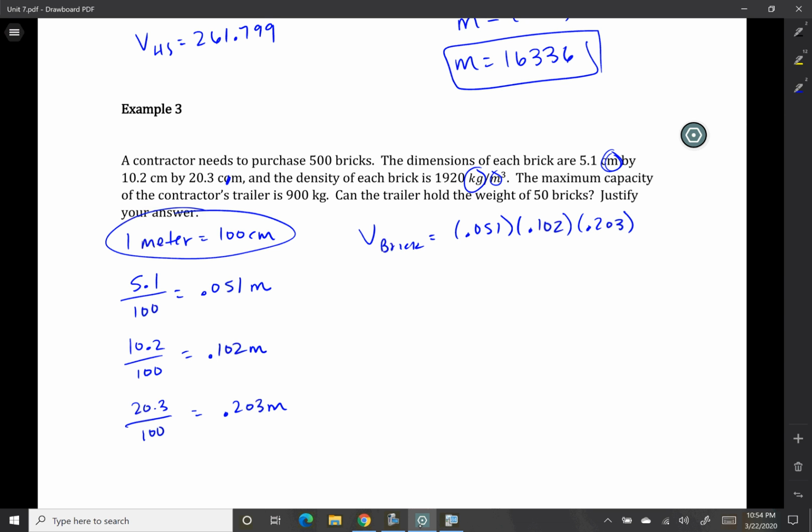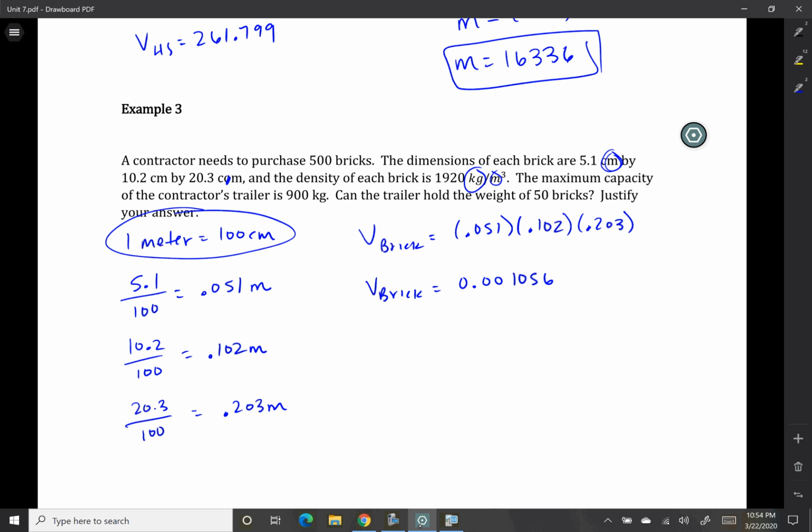We get the volume of one brick in terms of meters is going to be 0.001056. Very, very small because we're talking about a brick and we want to put it in terms of meters, like a yardstick size. It's going to be a small number.